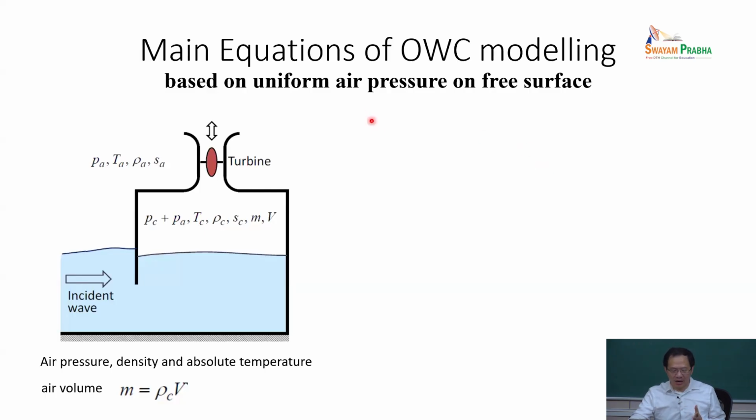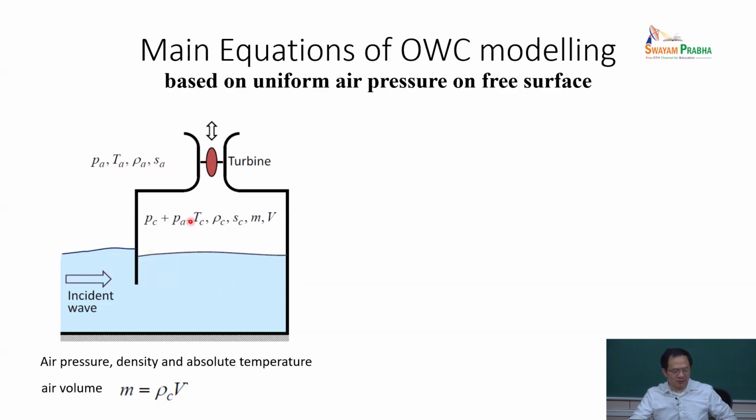This modeling is taken from Professor Falco's textbook, including this figure. Basically, I'll tell you the assumptions first, and I won't go through the equations. So you have pressure, temperature, density, and the turbine surface area.